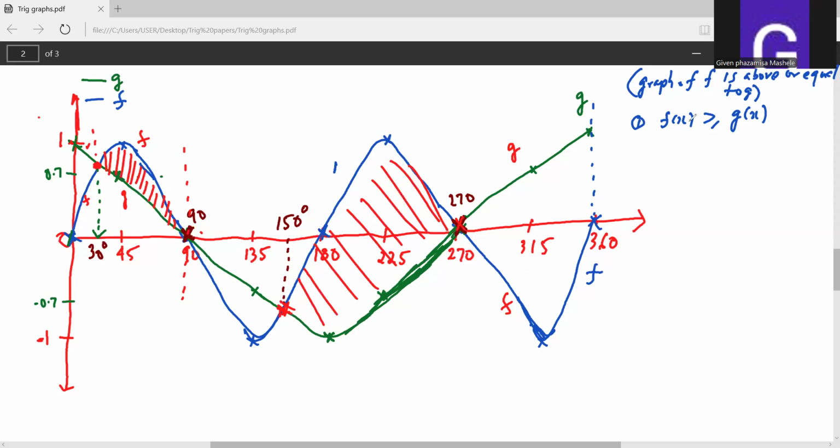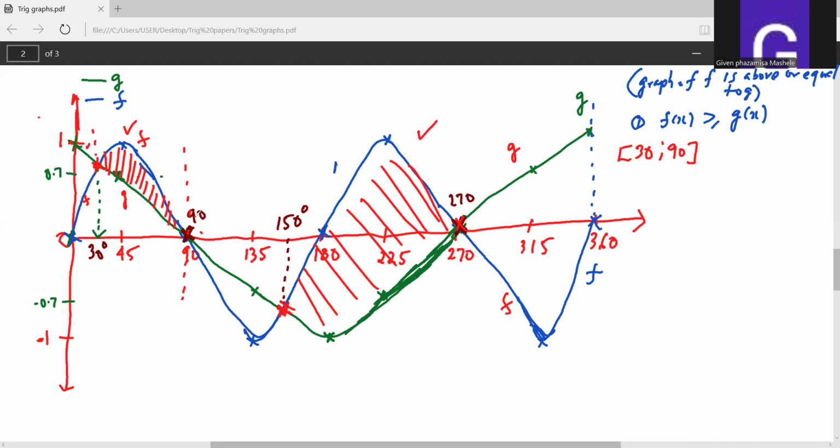But since we said we want where the graph of f is either above or equal to, we need to include the points where the two graphs are equal. How many areas did we get here? This part here and this part. So the answer is from 30 to 90 degrees, including both 30 and 90 because they are equal at that point.